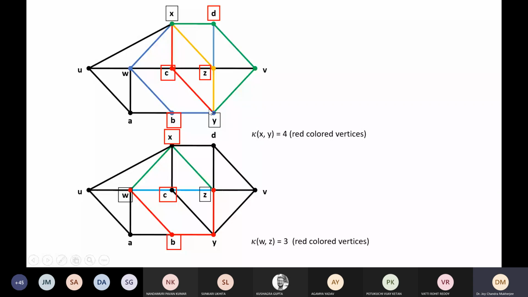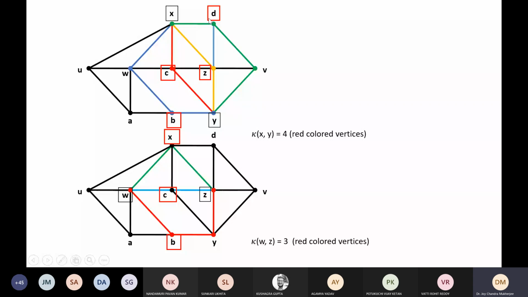And if you see, kappa XY is also 4, तो इस पाथ से मैं d को लूंगा, इस पाथ से z को लूंगा, इस पाथ से c को लूंगा, और इस पाथ में b को लूंगा. So kappa XY equal to 4.